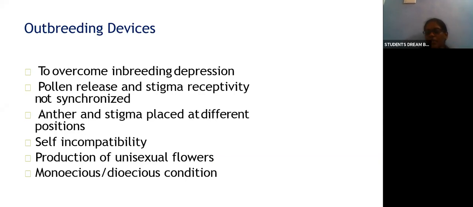Okay, so அதுக்கு என்ன பண்ணுவாங்கன்னா, the pollens will be released before the stigma becomes receptive, or otherwise the stigma will become receptive much before the release of the pollens. Okay, இந்த மாதிரி we can make the receptivity not synchronized. அது வந்து that is one outbreeding device.